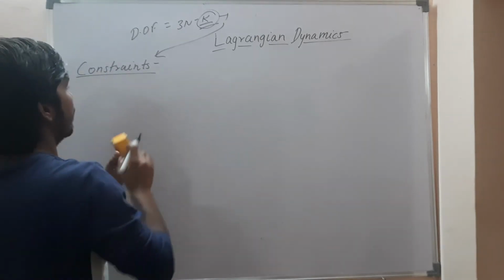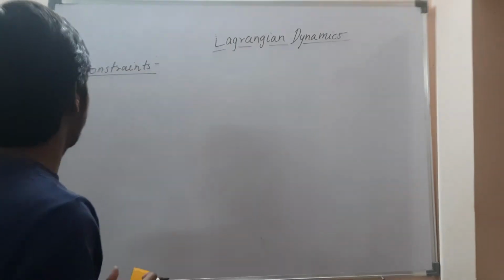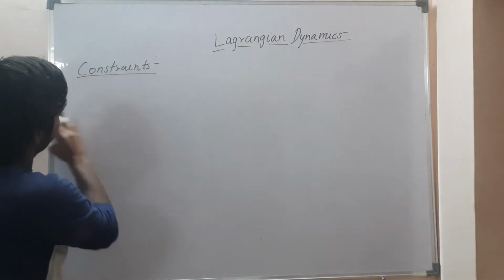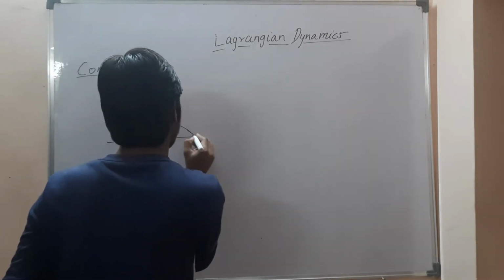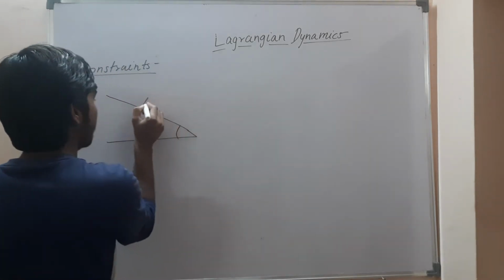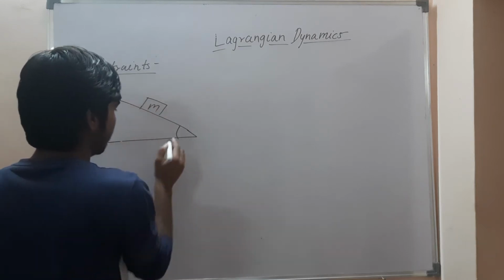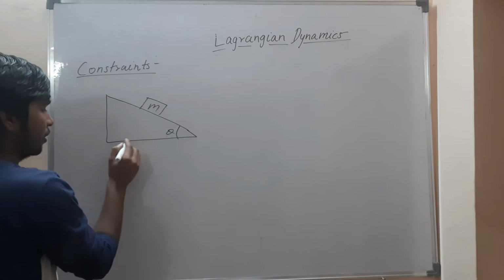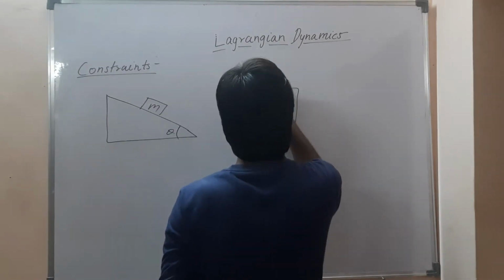In the last class we took some examples. In the first example, I have kept a mass m and an angle theta. In the second example, I took a box, and I said there is a particle like this.